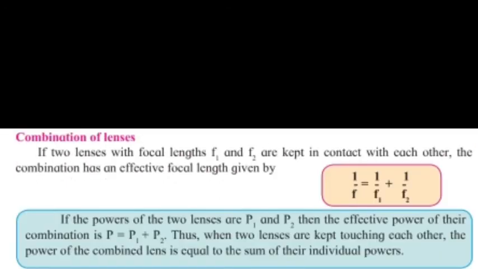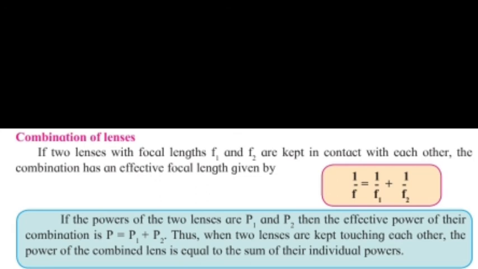And our next point is the combination of lenses, meaning when we attach two or more lenses at a time. See the condition they are telling. If two lenses with focal lengths f1 and f2 are kept in contact with each other, the combination has an effective focal length given by 1/f = 1/f1 + 1/f2.